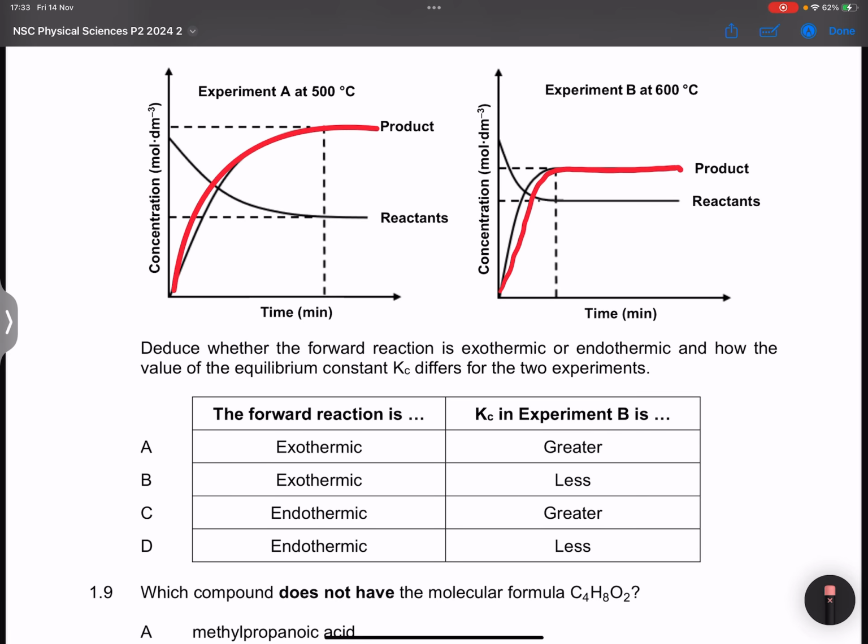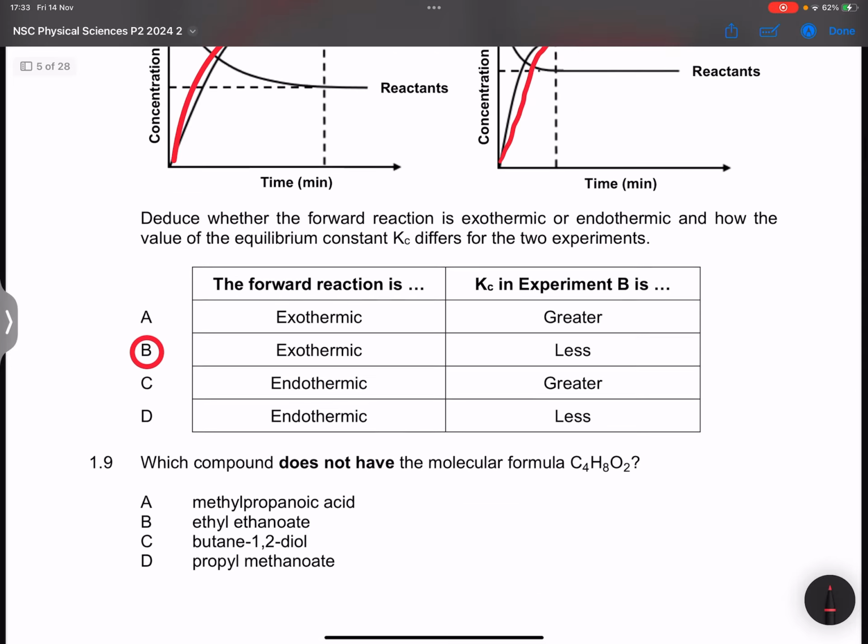And we've also established that an increase in temperature did not favor the forward reaction, so the forward reaction is not endothermic, it must therefore be exothermic. So the correct answer there should be B. Right, I hope that was clear, ladies and gents.